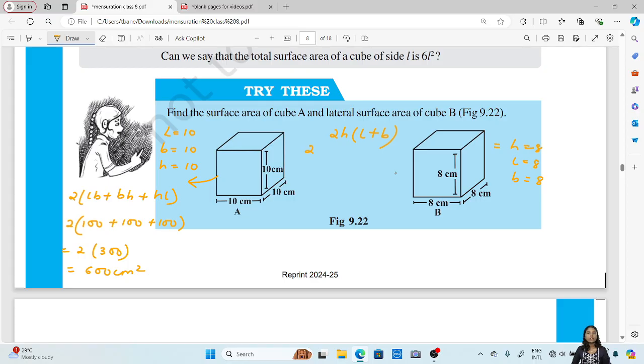So we'll write 2 into 8 into 8 plus 8, which is 2 into 8 into 16, so 16 into 16.